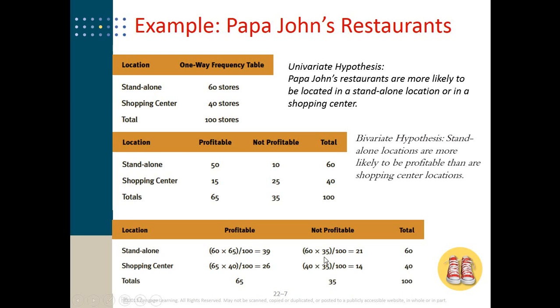We get 39. Similarly, row total times column total divided by 100, and in the same manner we get these numbers: 39, 21, 26, and 14. These are our expected frequencies.